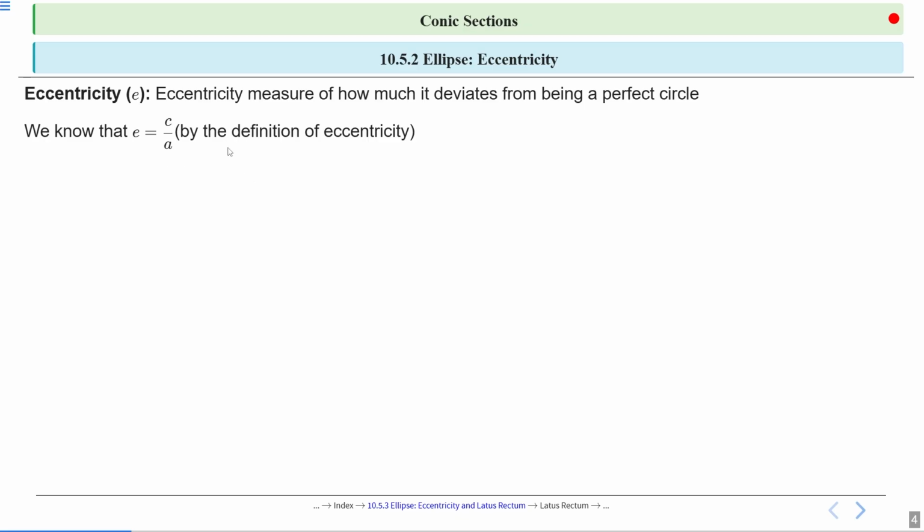This is by the definition of eccentricity, the formula to find the eccentricity of an ellipse. Here c is the distance between the center and the focus, and a is the length of the semi-major axis.